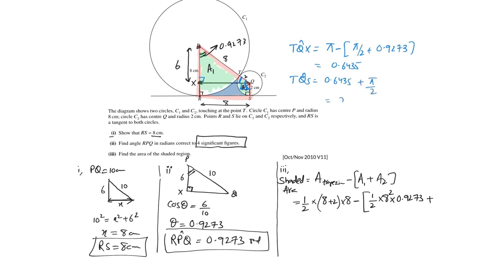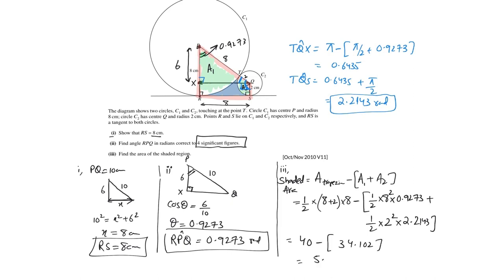So the complete angle comes out to be 2.2143 radians. This is the angle we will use for the smaller sector. So plus half, the radius was 2, half r square 2.2143. Do the maths and simplify this. The area of the trapezium is 40. Work this out, you must get 34.102 and 5.89 something, so roughly 5.90 centimeter square is the area of the shaded region.